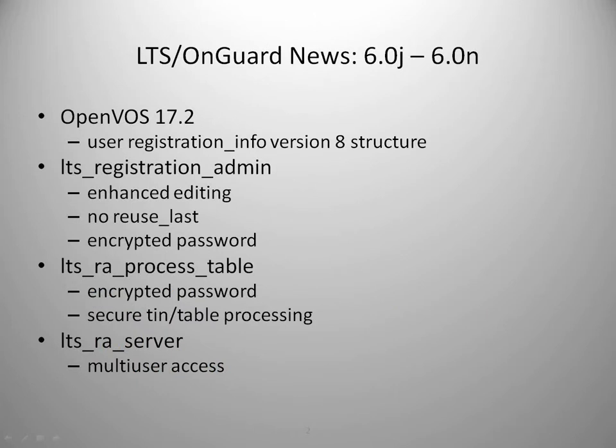To start with, OpenVOS 17.2 has a new version of the registration info. This is the information about each user account on the system, and that affects, of course, all of the registration admin features.